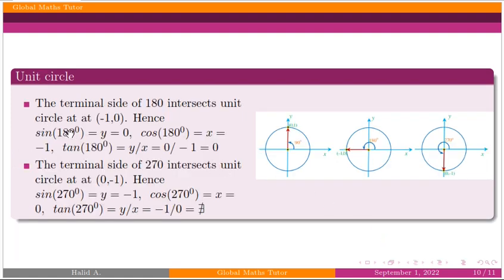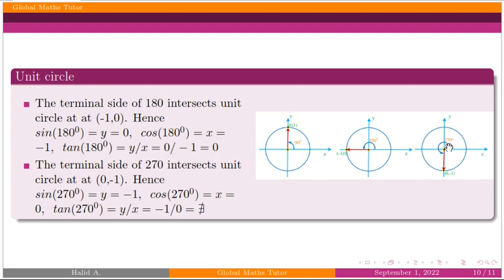For 180 degrees, the point is in the negative direction, negative 1, 0. After getting this, sine 180 degrees is y, which is 0, and cos 180 is the same as x, which gives negative 1. The same way, tan 180 degrees gives y over x, which is 0 over negative 1, which is 0.